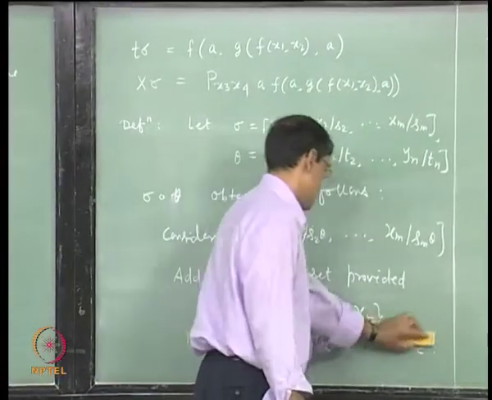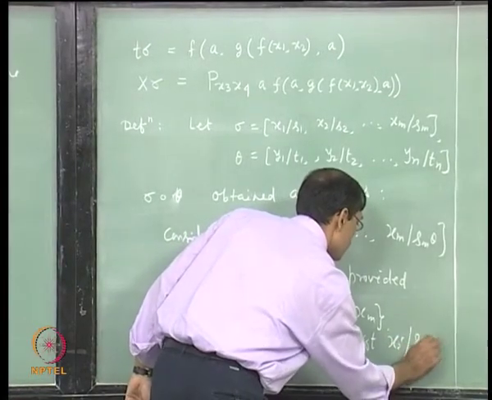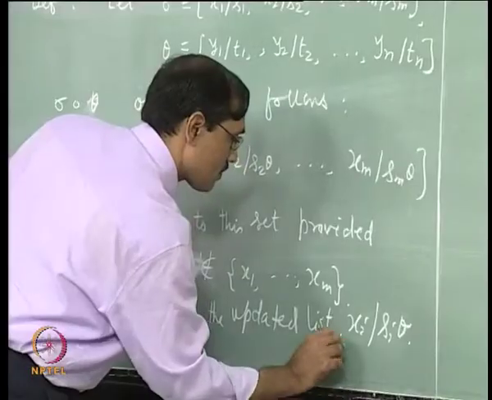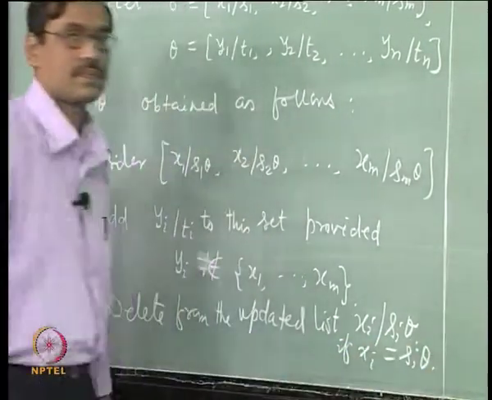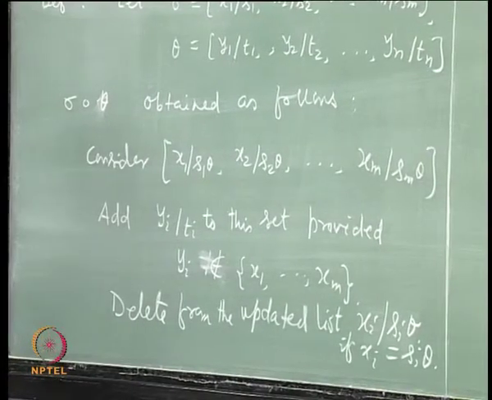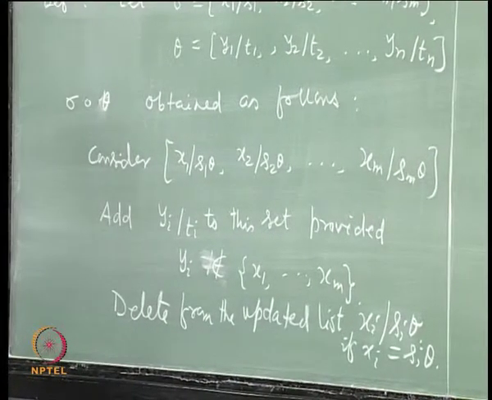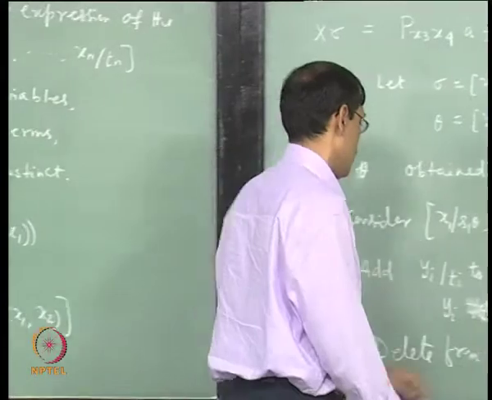Delete from the updated list xi by si theta if xi is equal to si theta, fine. That should give us the composition of sigma and theta. Is that clear? Let us see an example how it proceeds.